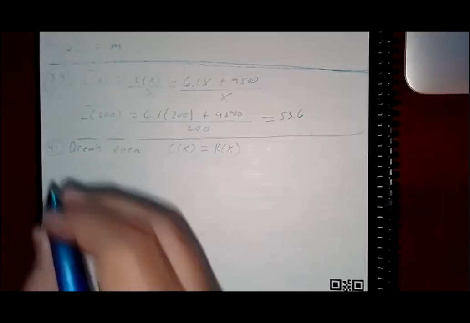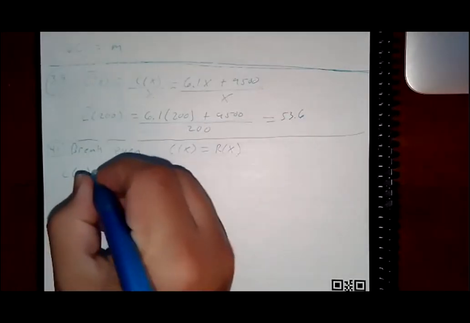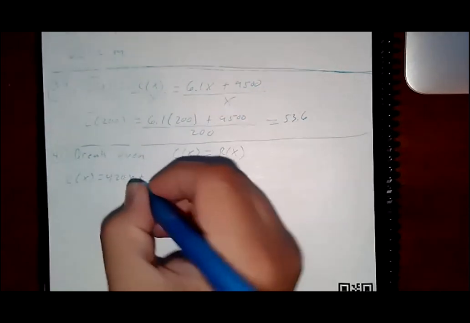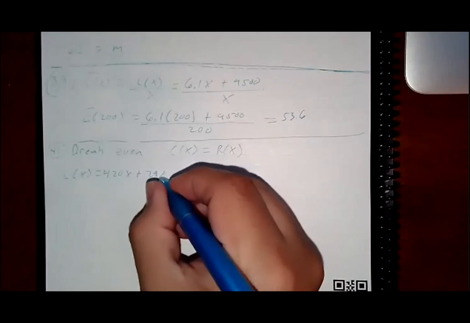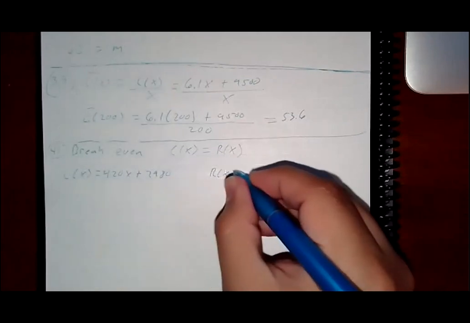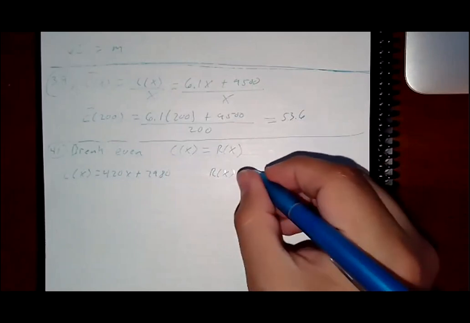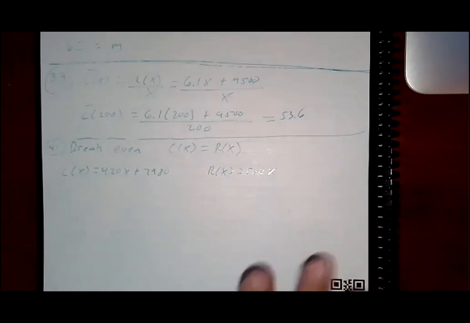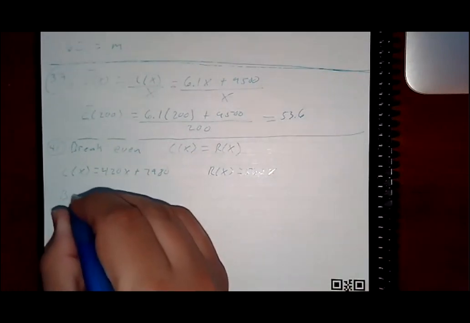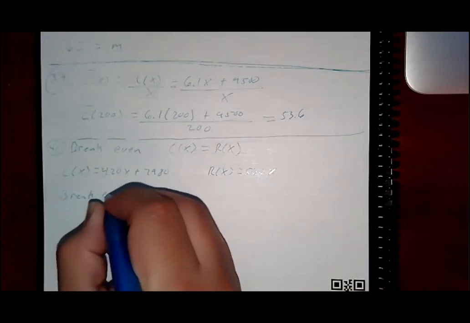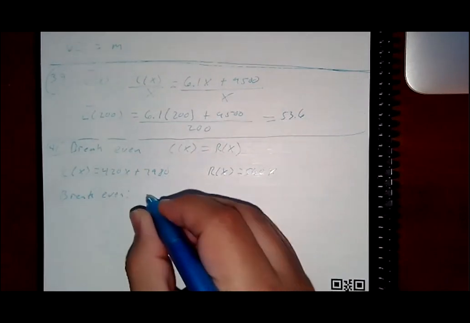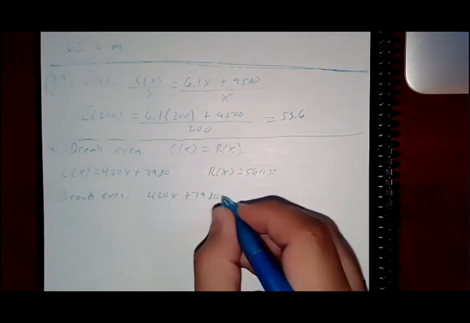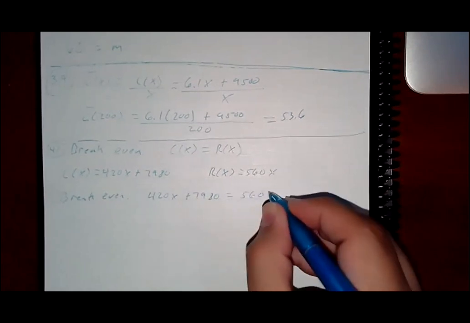So C(x) is equal to 420x plus 7,980. R(x) is equal to 560x. Okay, so just let them equal each other. So break even happens at this x. I don't know what it is, but we will find out. Right?